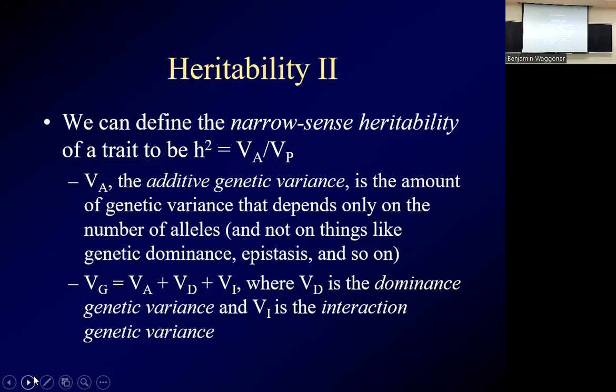If we were doing an experiment on cat color, and we had a whole bunch of cats, and we came up with some way to measure what color they are, some of what makes those cats have different color patterns is due to the additive effects of genes. Some of it is due to dominance effects of genes, and some of it is due to epistasis, the interaction effects of genes.